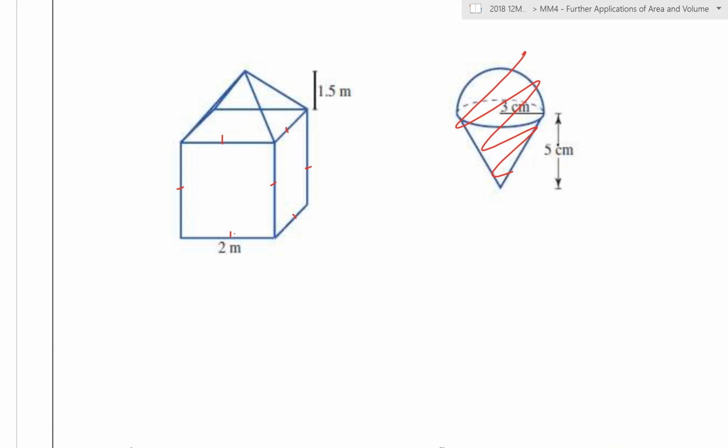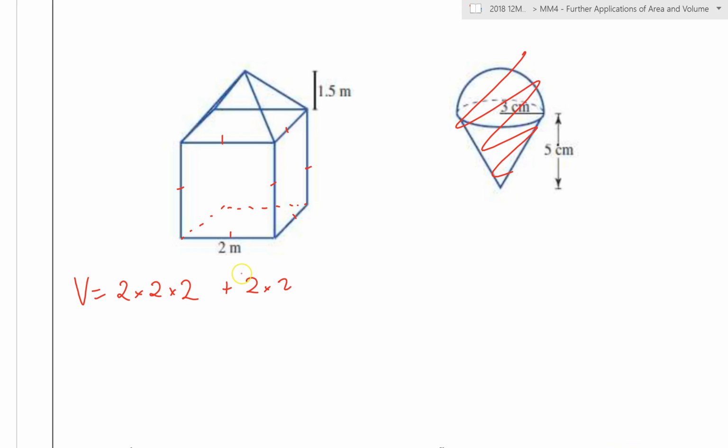So, my volume, if we have a look, this is going to be my base here. It's going to be 2 by 2. So, the area of the base is 2 times 2 times the height. That's the volume of this one. And this one here, the pyramid on the top, is the area of the base, so that's 2 times 2 again, because the base of that pyramid is 2 by 2.